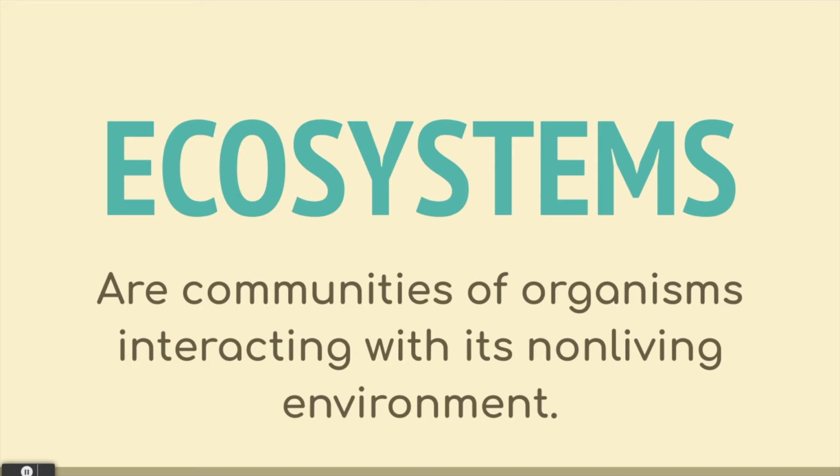All these different organisms and non-living things work together like a community to make the environment flourish. For example, animals in an ecosystem can use the plants as food to give their bodies energy.